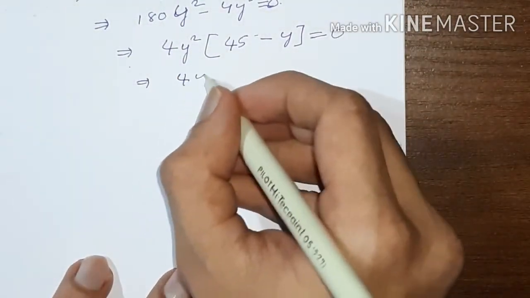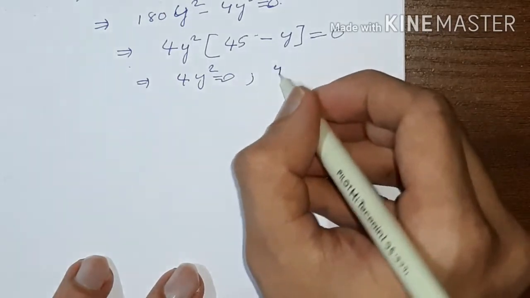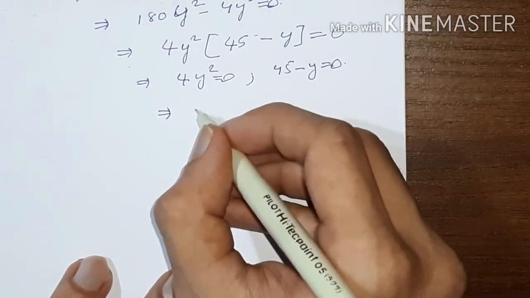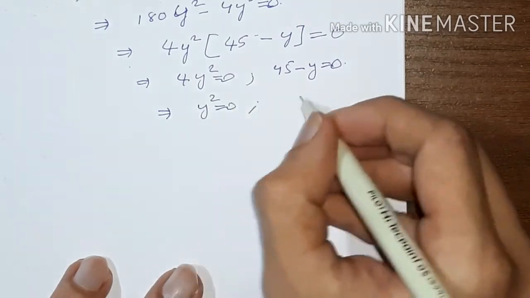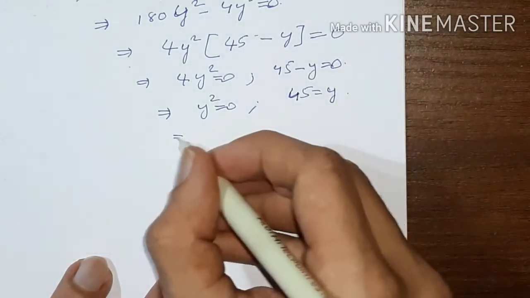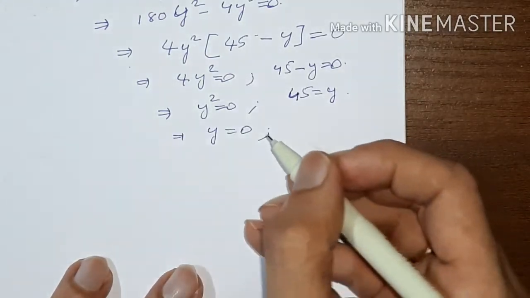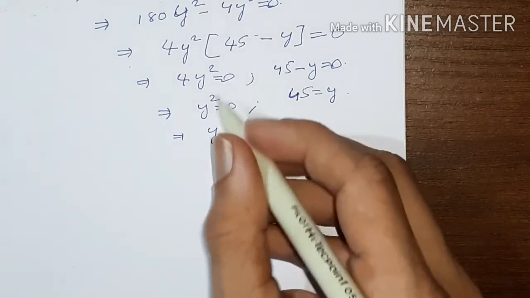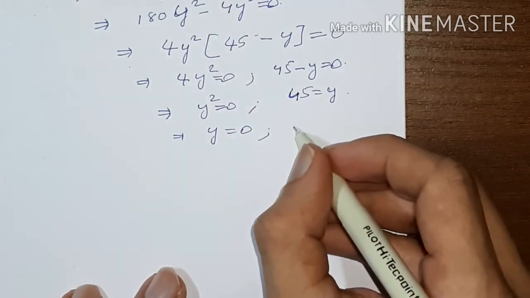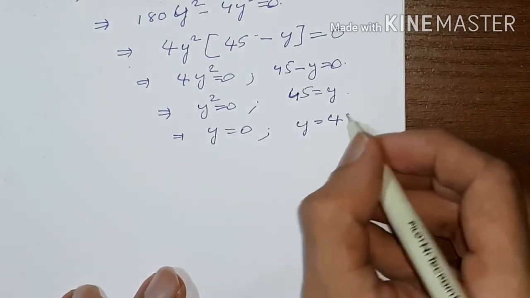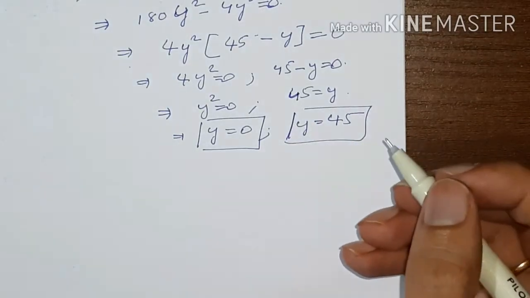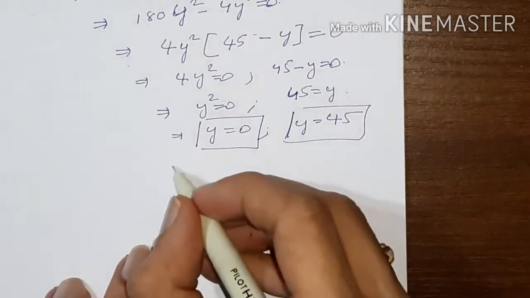So what you get is 4y square is equal to 0, or 45 minus y is equal to 0. So y square is equal to 0 and y is equal to 45. If you take square root on both sides, you will get y is equal to 0, and here y is equal to 45. So these are the two values that you get, which are the critical points.